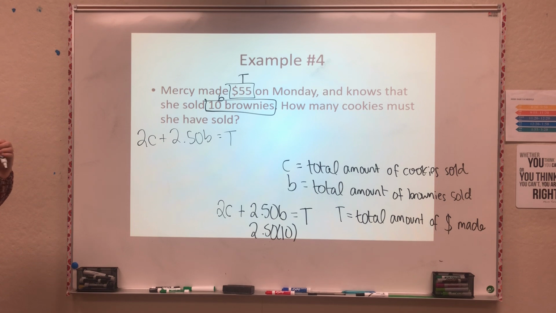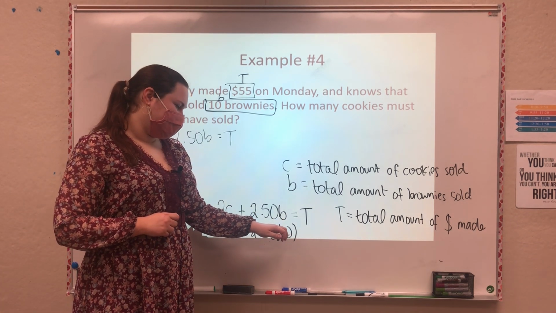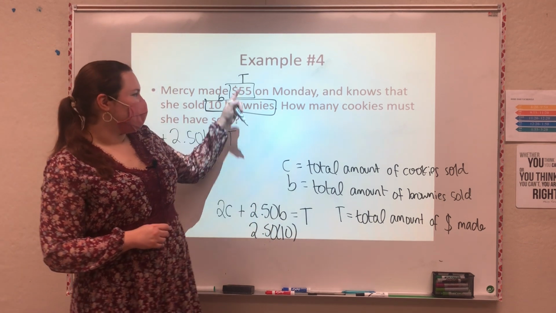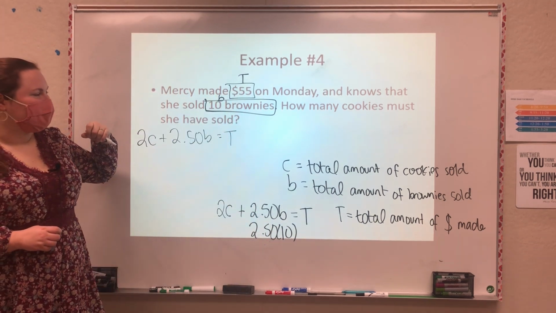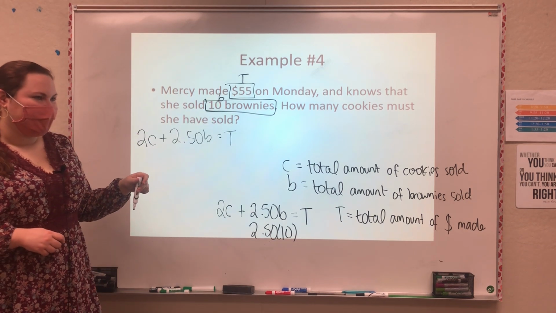After multiplying $2.50 times 10, you subtract it from 55. Help me out with my equation. How can I use this information with my equation?